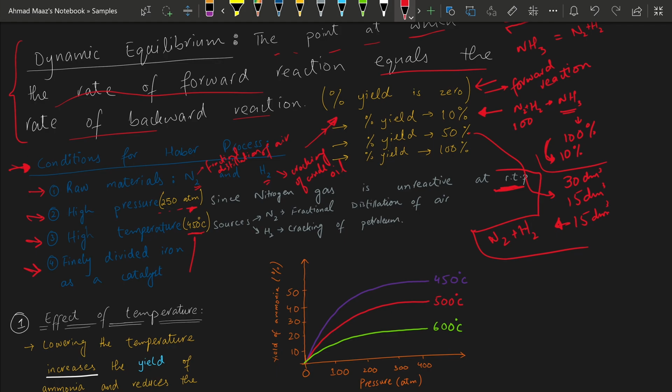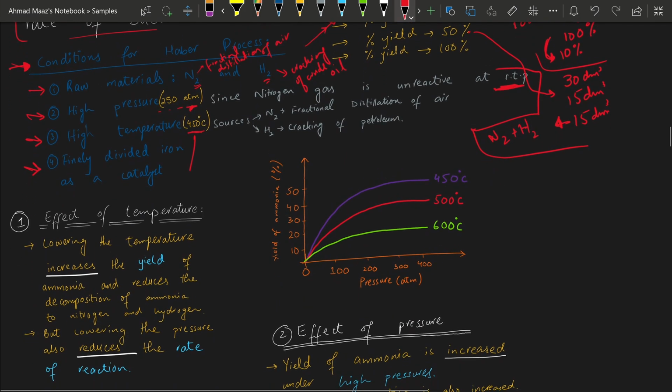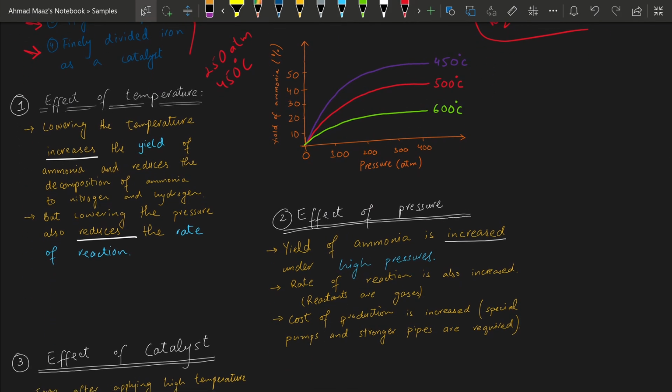Now why do we use this amount of pressure and this temperature? Why do we use 250 atmospheres and why do we use 450 degrees Celsius? Let's have a look into it.